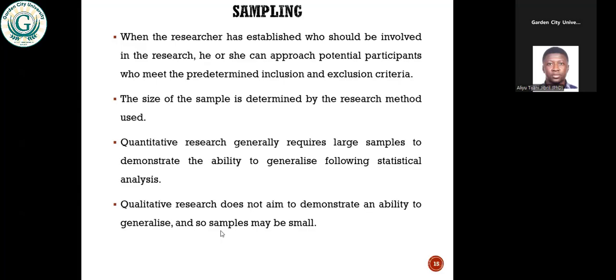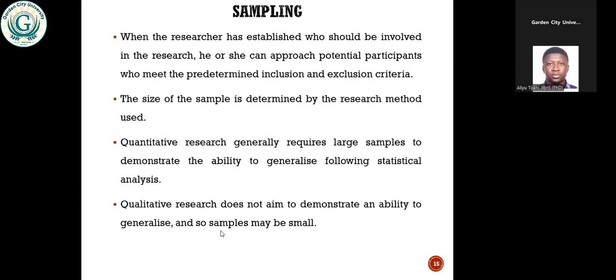But the Cochran formula is mostly used, especially in medical and health-related fields. We also have different formulas, but some of these are not as appropriate for use.